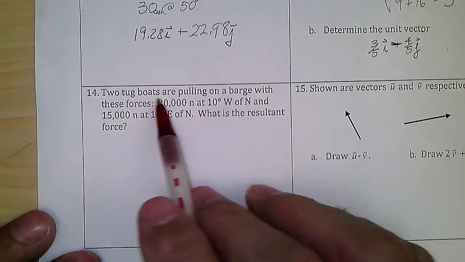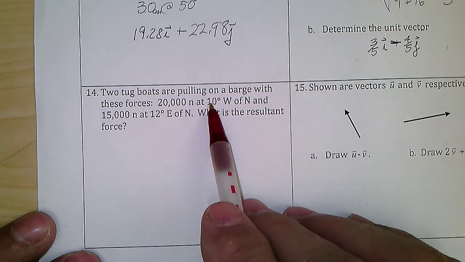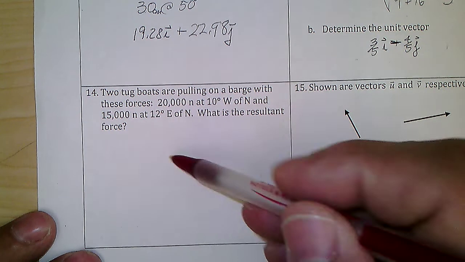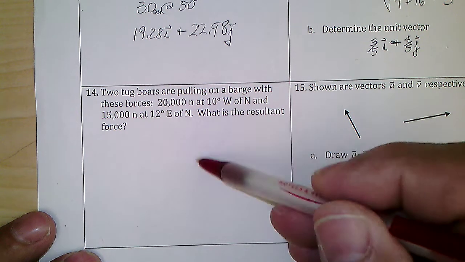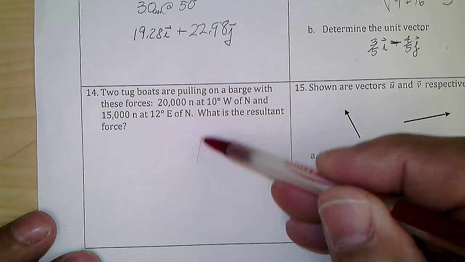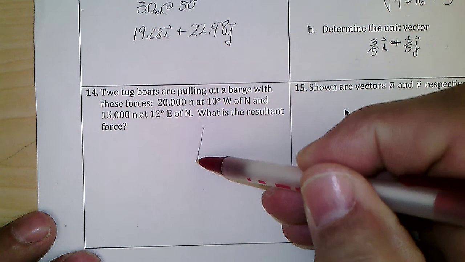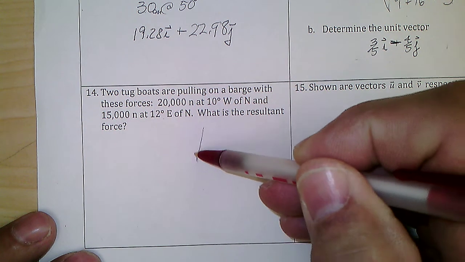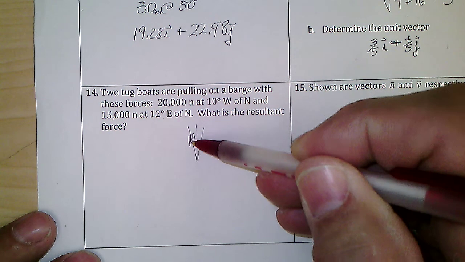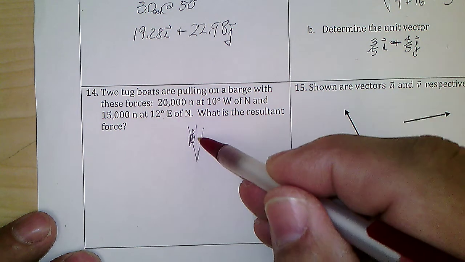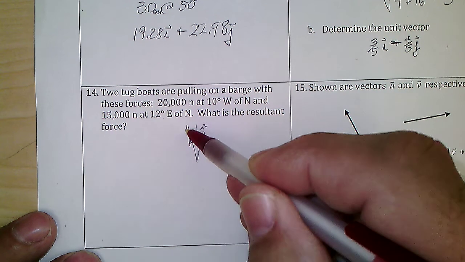Okay, this one we've got 2 tugboats pulling on a barge, one at 10 degrees west of north, so north straight up and 10 degrees west, and the other one at 12 degrees east of north.